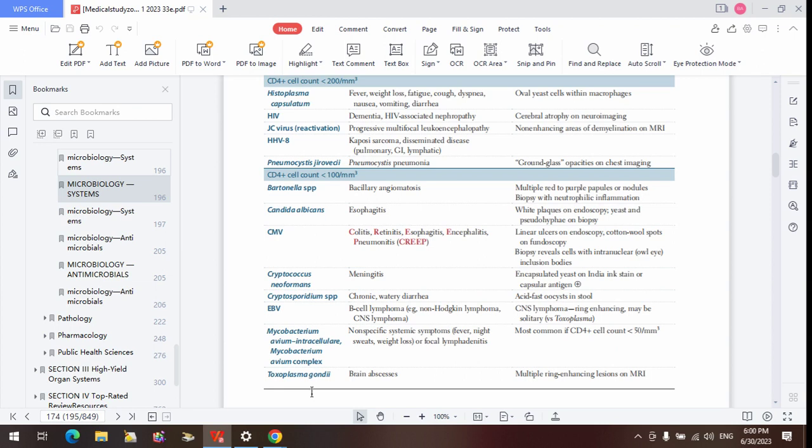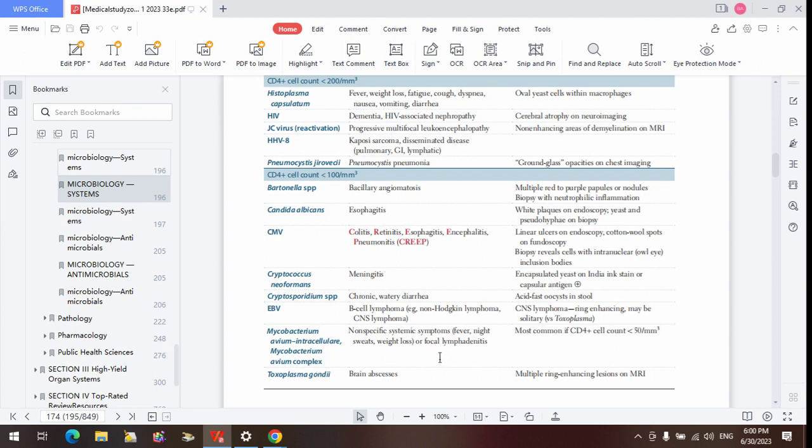You use TMP-SMX for prophylaxis. Exactly. And as you are giving it for prophylaxis, you are also treating Pneumocystis jirovecii. But the main treatment for toxo is sulfadiazine plus pyrimethamine. Correct. That's it. So you remember that with avium.